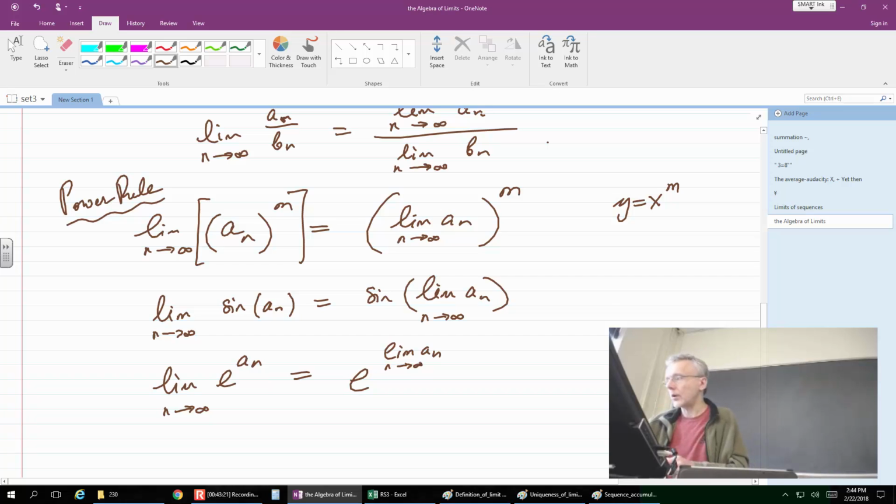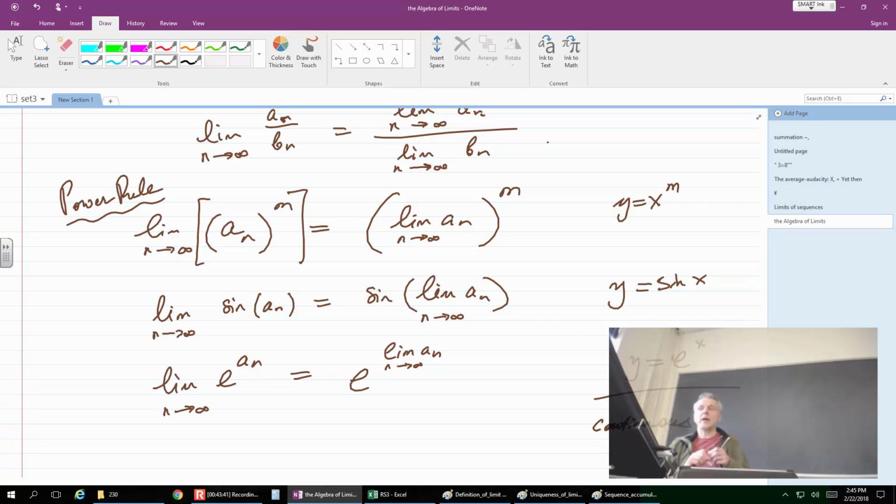So y equals sine x, y equals e to the x, all of these are continuous. As long as the function is continuous, you can flip these two operations.